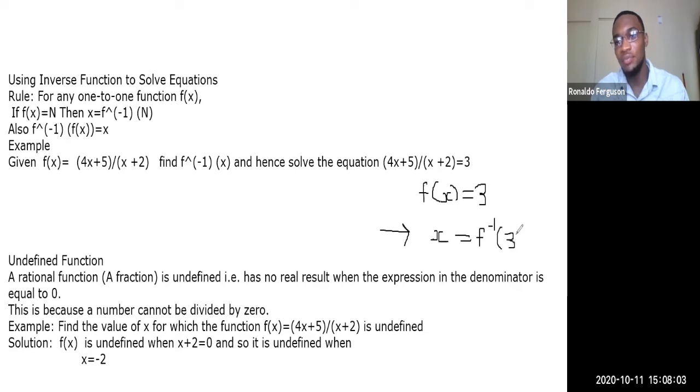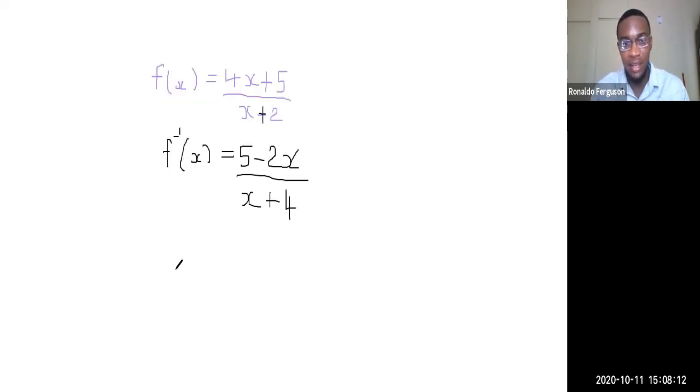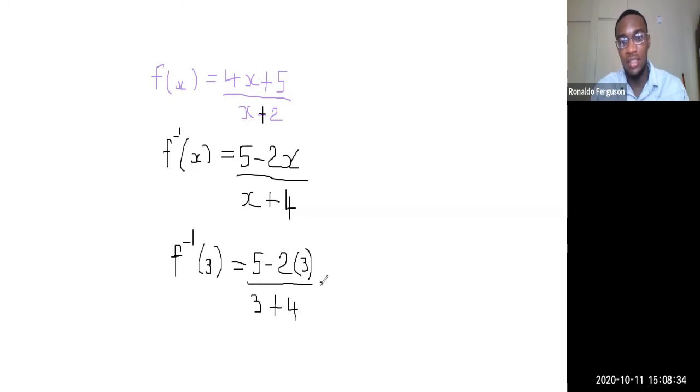So f inverse of 3 is going to be equal to 5 minus 2 times 3, over 3 plus 4. 5 minus 2 times 3 is 6, 5 minus 6 is negative 1, and this is over 3 plus 4, which is 7.